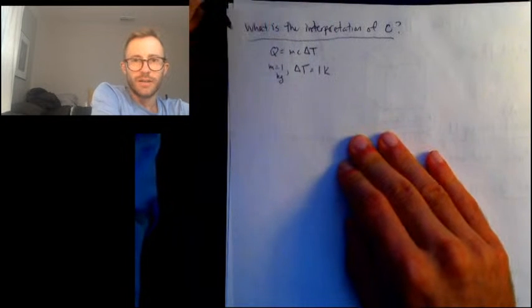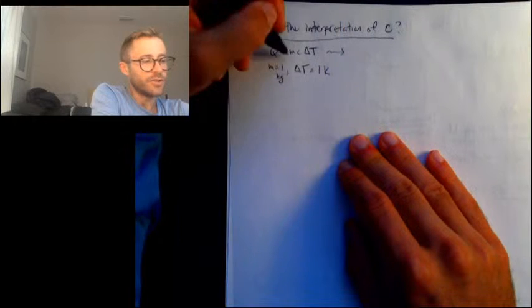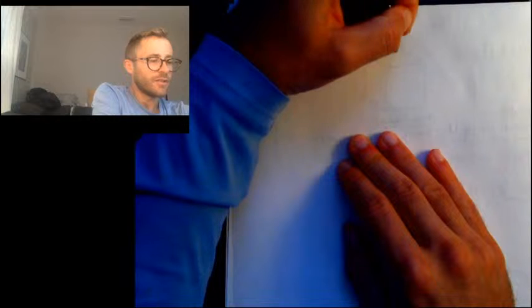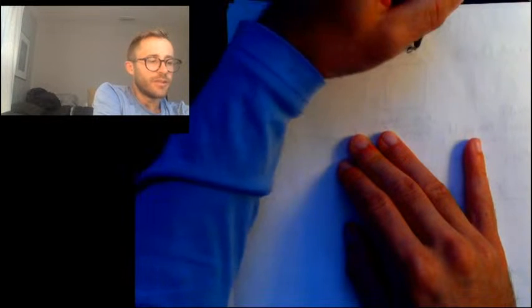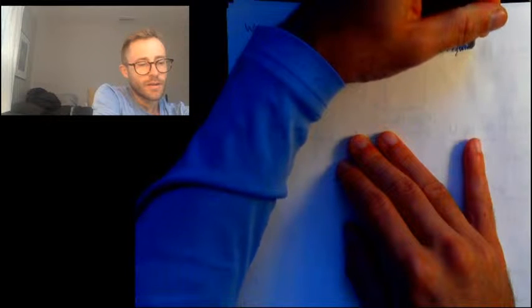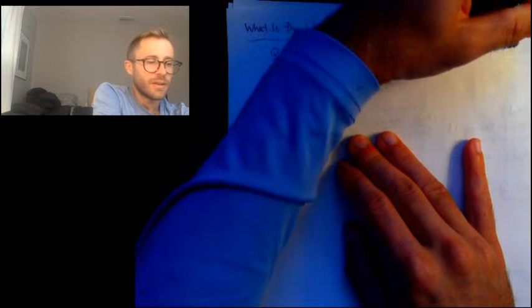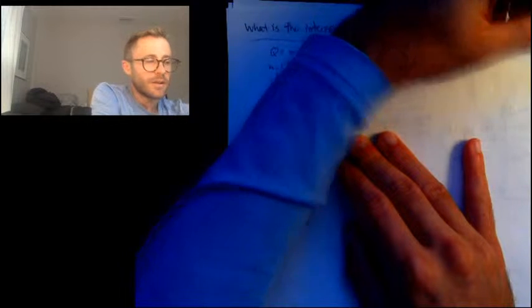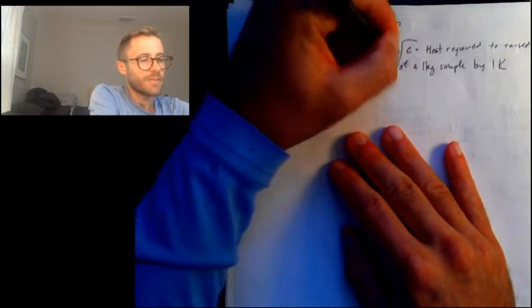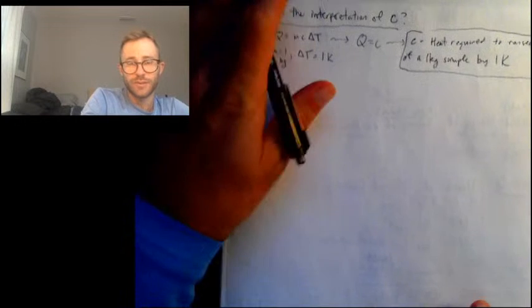Because m equals 1 and delta T equals 1, we get Q equals C. So what that means is that C is equal to the heat required to raise the temperature of a 1 kilogram sample by 1 Kelvin. That's the meaning of the specific heat capacity. It's how much heat is required to raise the temperature by 1 Kelvin.